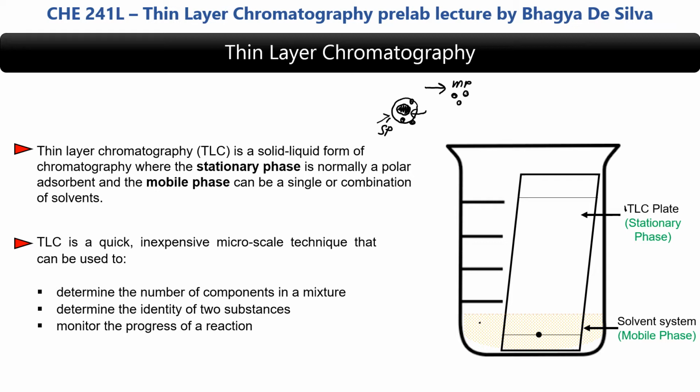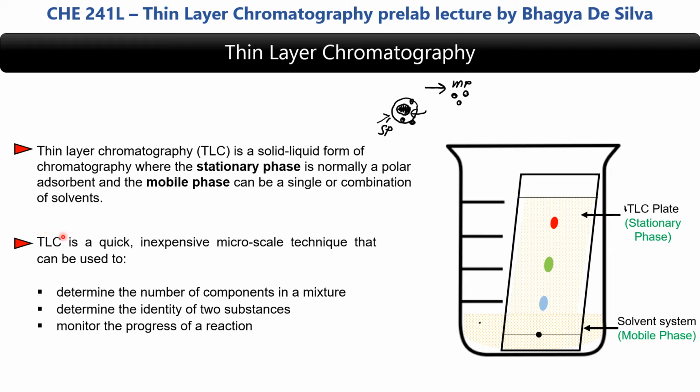The solvent system is what moves like the gas in gas chromatography. The solvent moves along the stationary TLC plate, and in that process it drags along any compounds that were applied on the plate and separates them into their different components.